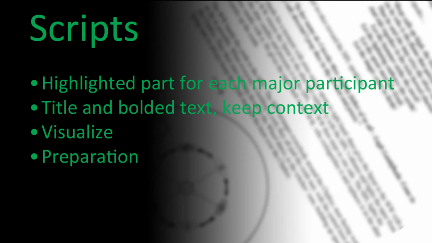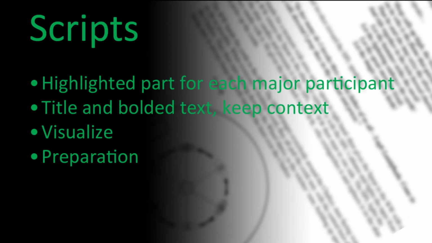So you want to have highlighted parts of the script. Each person has a copy of their own script, and highlight which parts they'll need to pay attention to. If there's stage directions and words and actions, so that they'll know, and also context for it, so that when somebody else finishes, they know that it is their line, and then it goes on. And if they do speak a line and do something, it is specific in the script, so they'll know, okay, I say this and I do that.